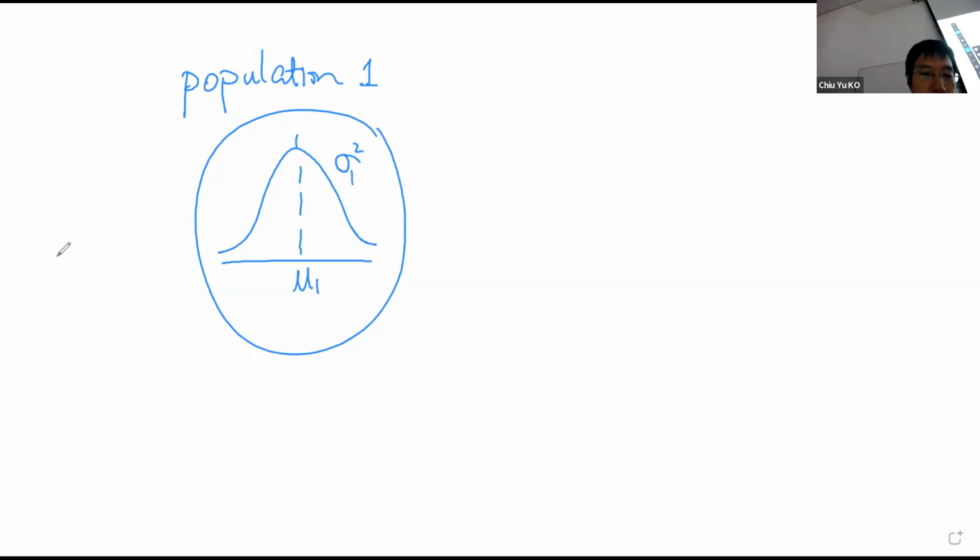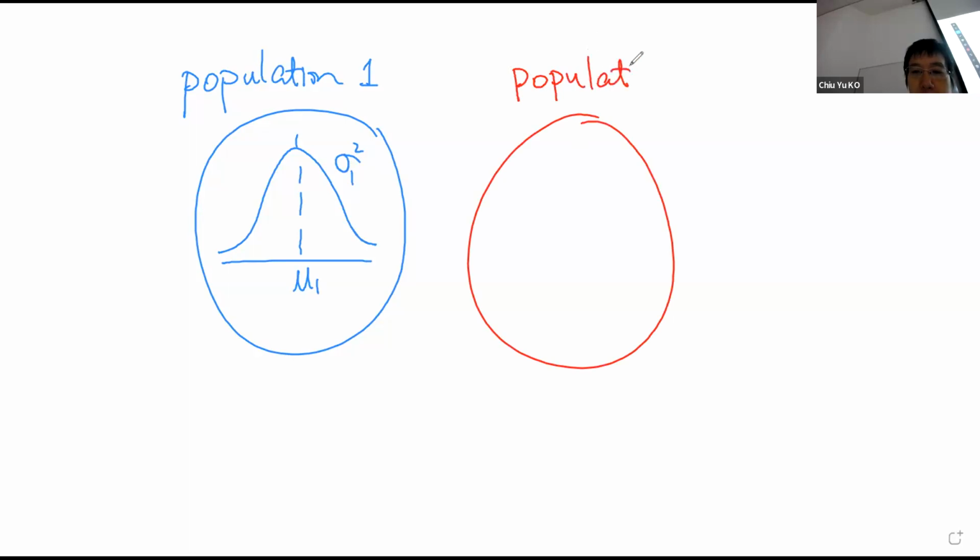And a group of women, population 2, coming from mean mu 2 and sigma 2 square.